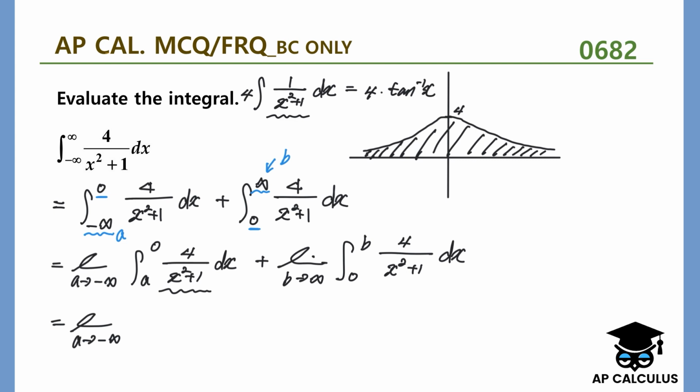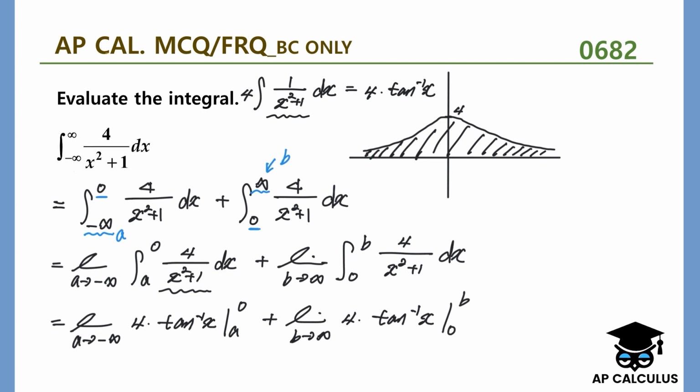Do you see that? So that is equal to 4 times inverse tangent x from a to 0, plus the limit as b approaches infinity, again 4 times inverse tangent x from 0 to b, right?